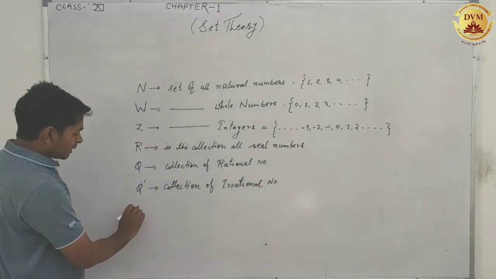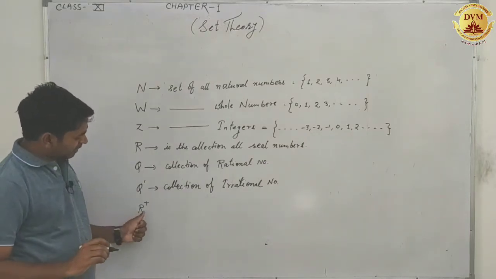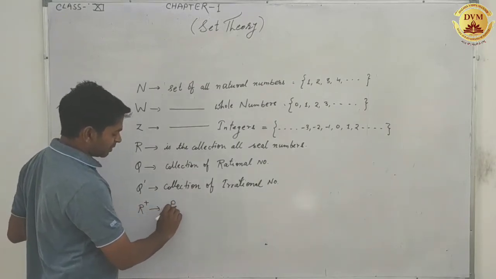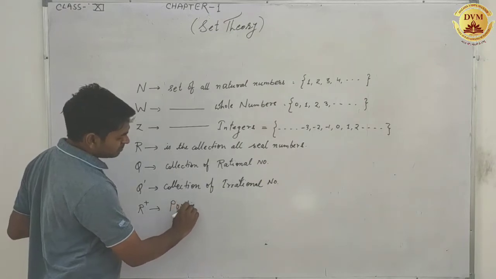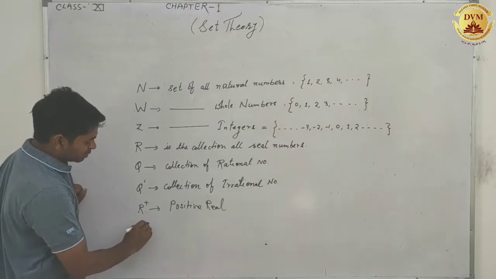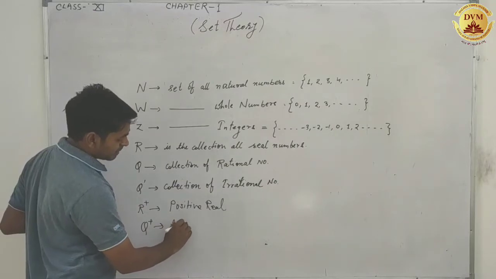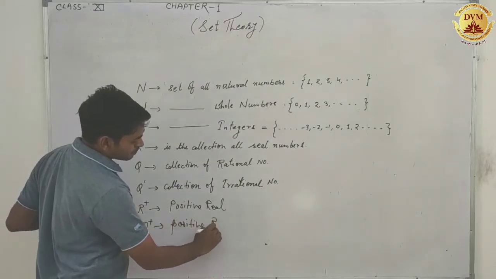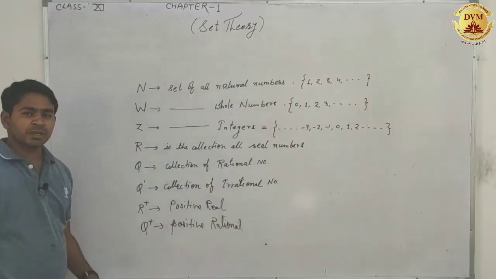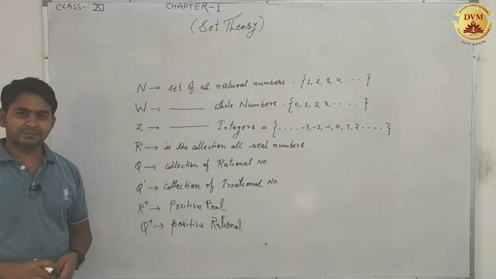Here, if we write plus in the exponent of R, it denotes the positive real numbers. When I use plus with Q, it denotes positive rational numbers. These are the universal examples of some sets.